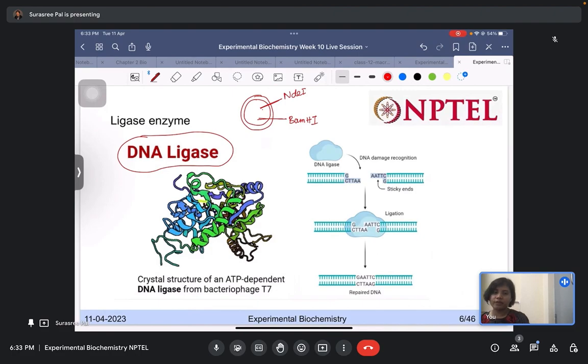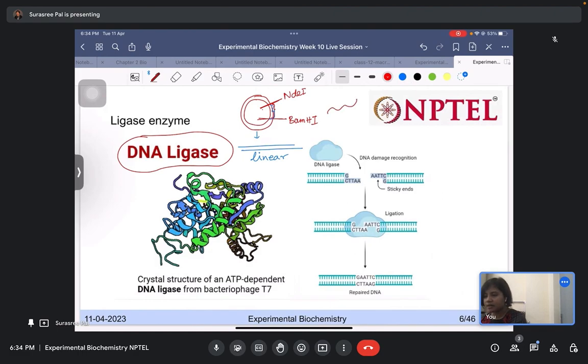Of course, when we digest the plasmid DNA with these two enzymes, this particular internal portion will be chopped off, right? And this will form a linear DNA, right? Because the circular plasmid will not be circular anymore after digestion, so it will be linear, right?